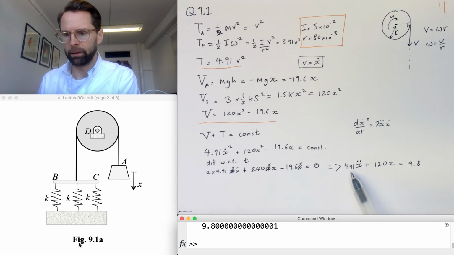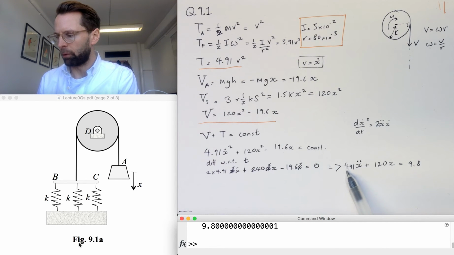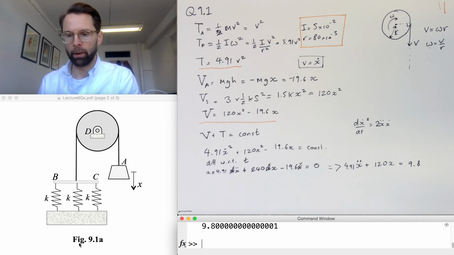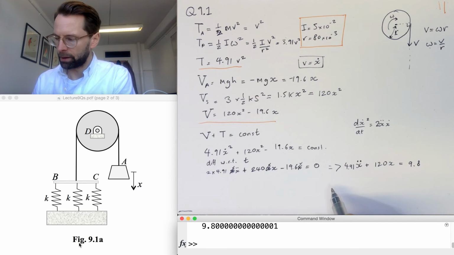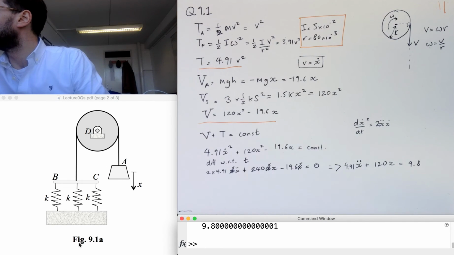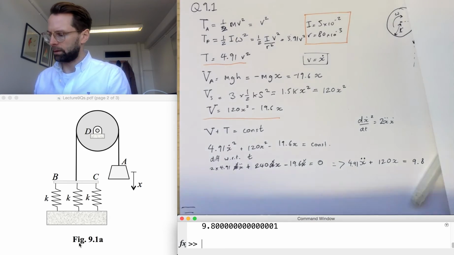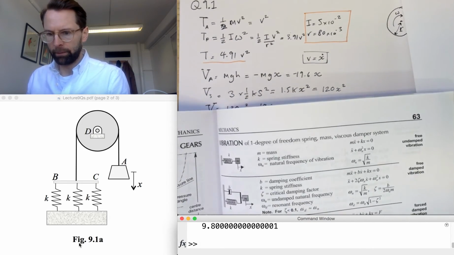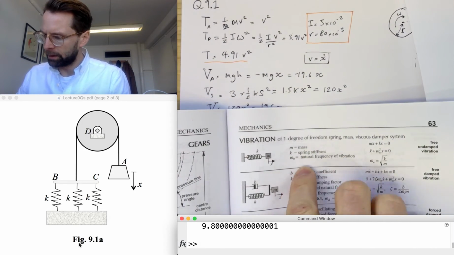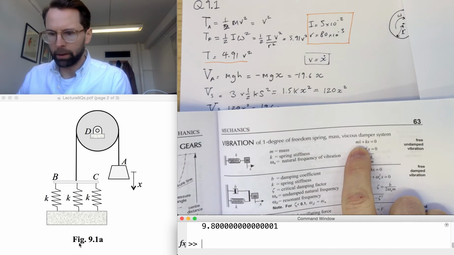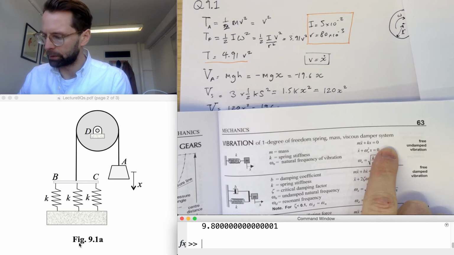What we've managed to do is put this in a form which is a generic second order undamped governing equation. And if you remember from lecture 7, and it is in your data books if you want to look it up, in fact I'll show you. If you look here, this is a second order undamped system, m x double dot plus k x equals 0.